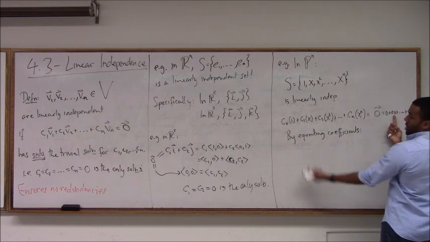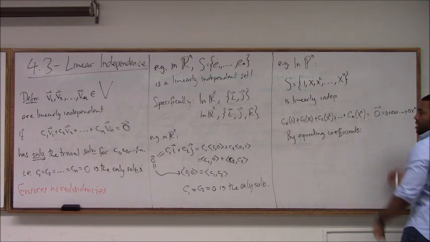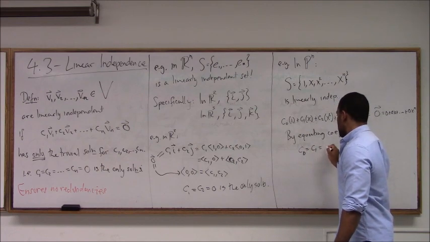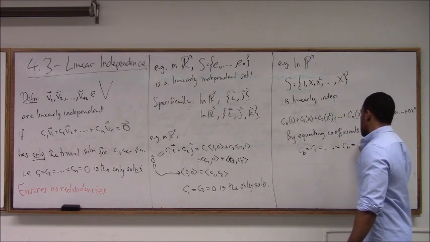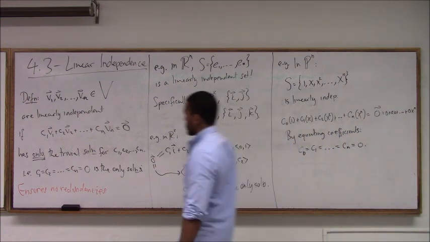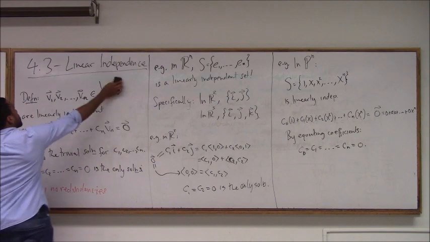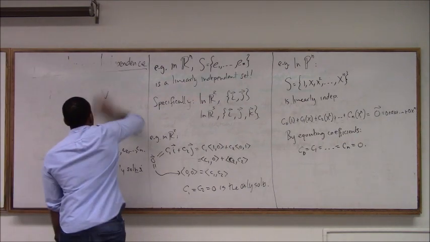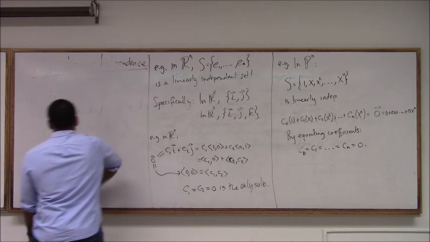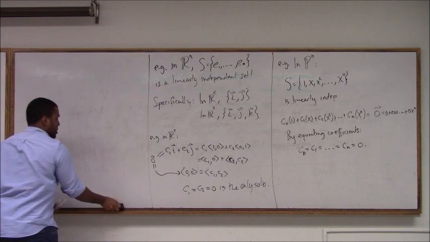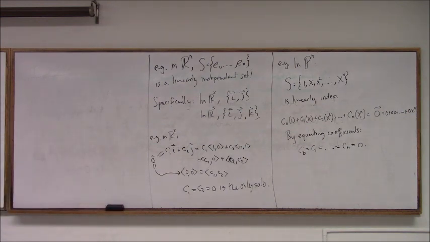The number of x's over here must be the number of x's over there, etc. You just get c0 equals c1 equals and so on. All of them ultimately are just 0.